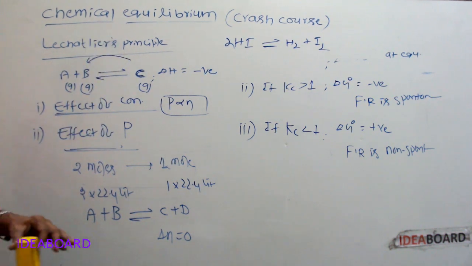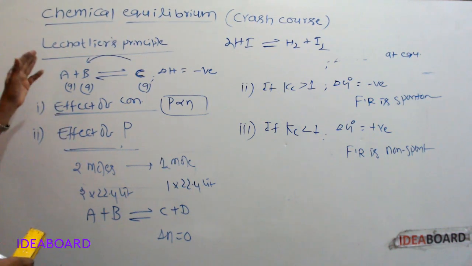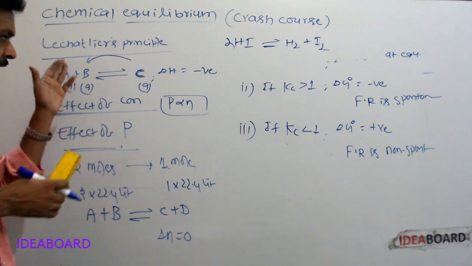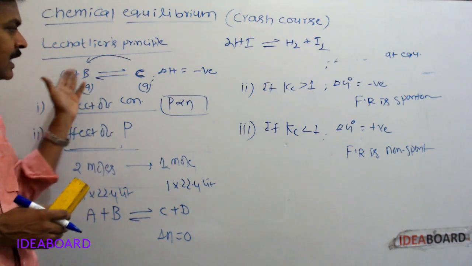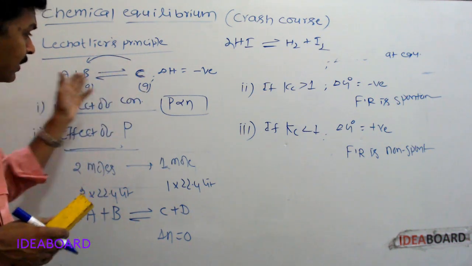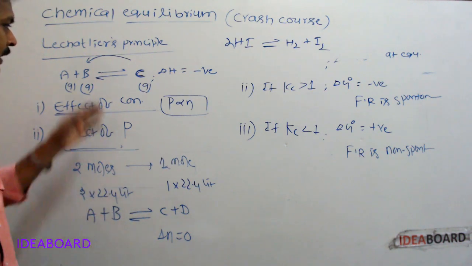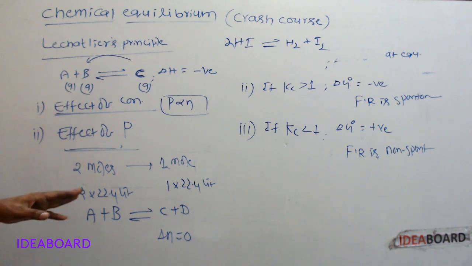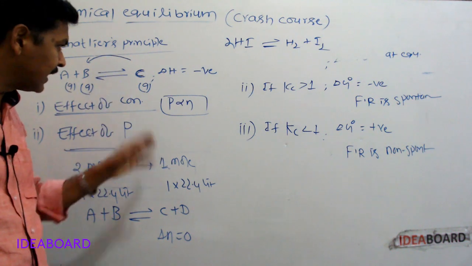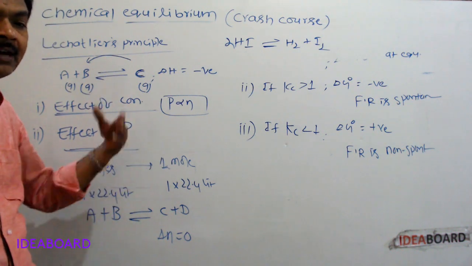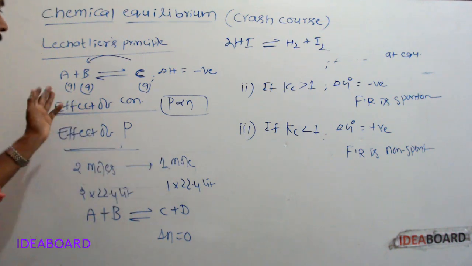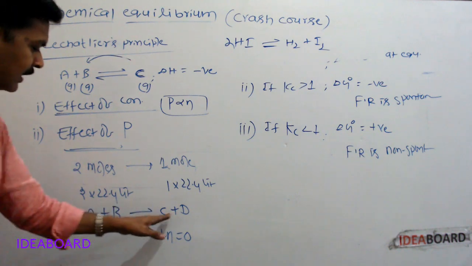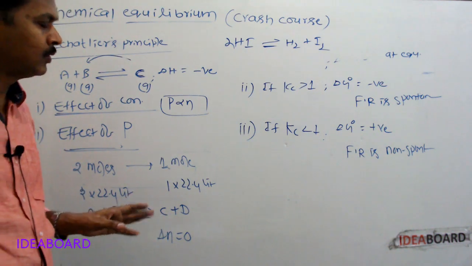So backward reaction takes place. If high pressure is maintained, then equilibrium shifts in the direction in which there is a decreasing of pressure, that is a decreasing of number of moles, that is forward reaction. If low pressure is maintained, then equilibrium shifts in the direction in which there is an increasing of number of moles, that is backward reaction. But for this reaction, pressure has no effect.